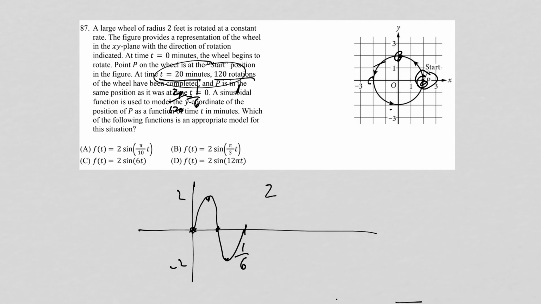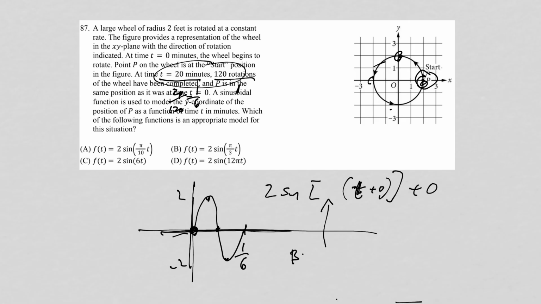So the equation of this thing, you can see that 2 is the high point and -2 is the low point. So it's 2 sine bracket t. We don't need anything here because the middle line is at 0. And we don't need anything here because it's not shifted, it's starting at 0. X equals 0 is the starting point. So the only thing that needs to go is here, and that's the b value.